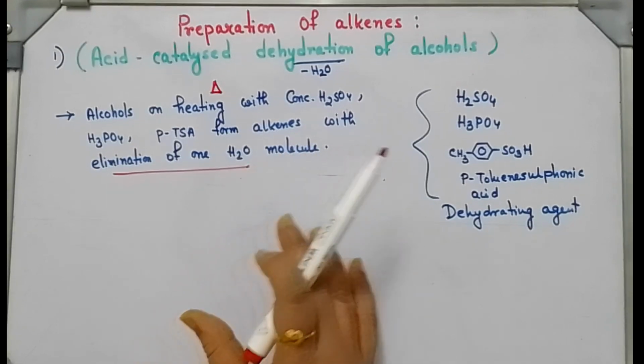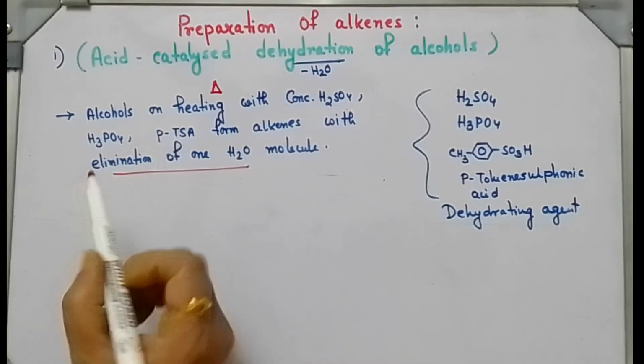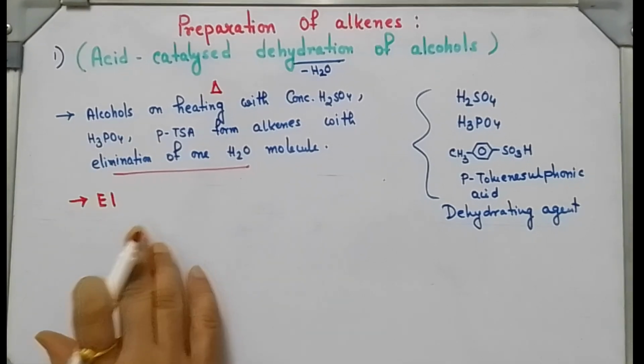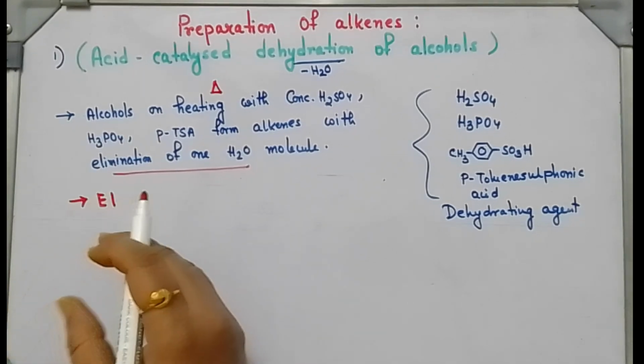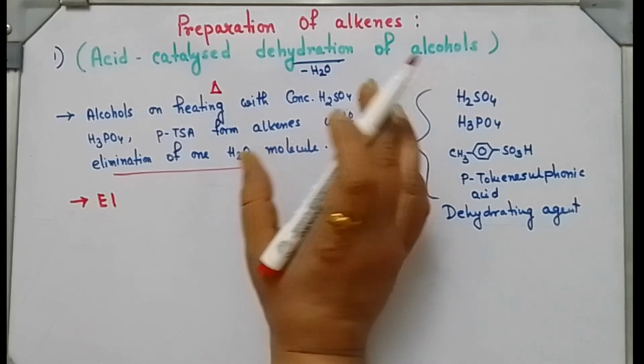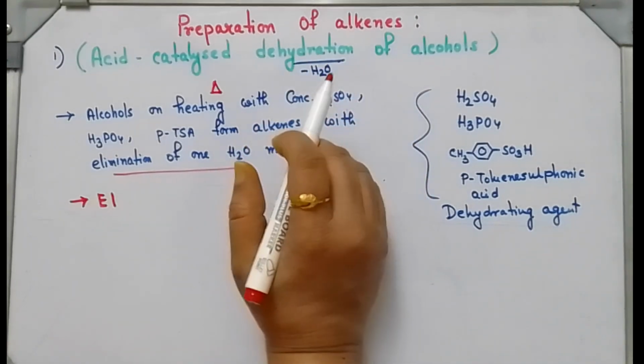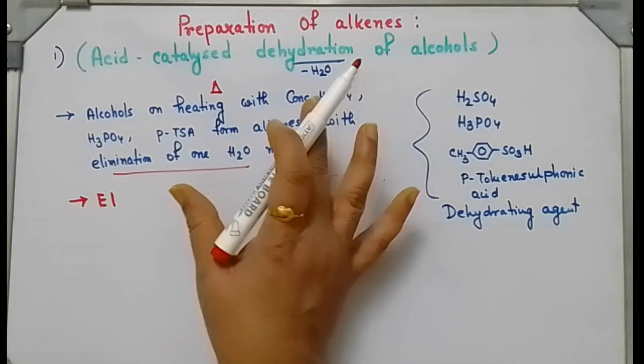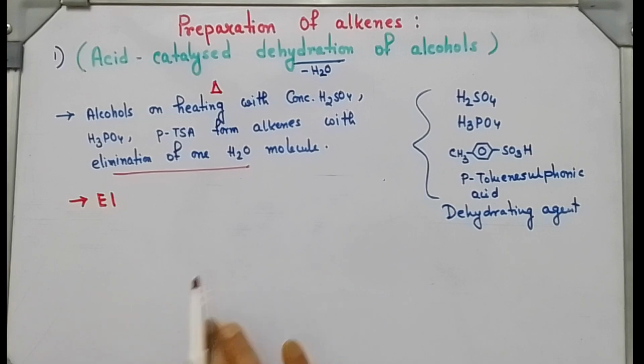The mechanism is E1 mechanism; I am not explaining it. You can see H2SO4 is used at the beginning and it is regenerated at the end, so it is a catalyst.